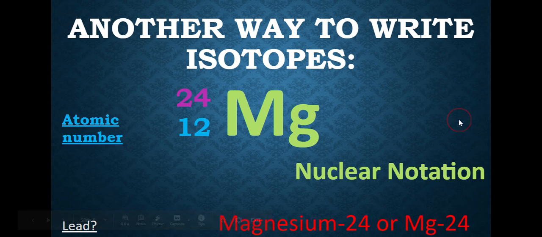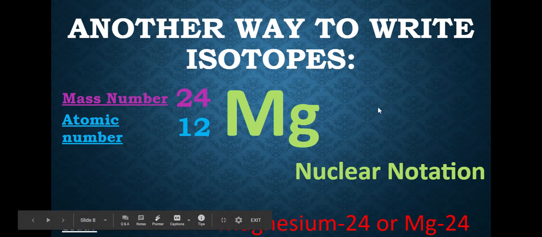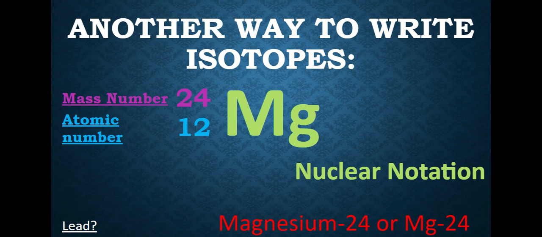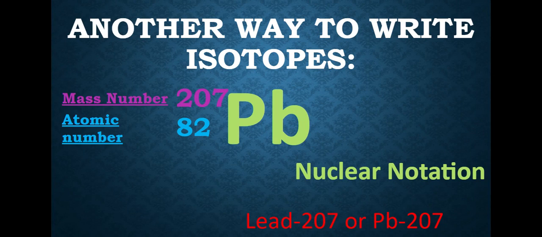For magnesium, you should have gotten an atomic number of 12 and a mass number of 24. For its isotopic notation, you should have gotten magnesium-24 or Mg-24. For lead, you should have come up with an atomic number of 82 and a mass number of 207. For our isotopic notation, either lead-207 or Pb, which is lead's chemical symbol, -207. Great job.